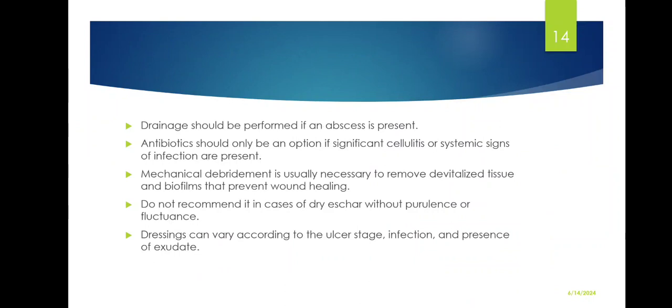Mechanical debridement is usually necessary to remove devitalized tissue and biofilms that prevent wound healing. However, the above is not recommended if there is a dry eschar without purulence or fluctuance. The dressing varies according to the stage of the ulcer, absence or presence of infection, and presence of exudate.